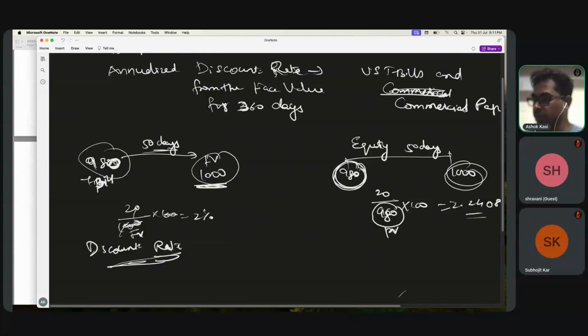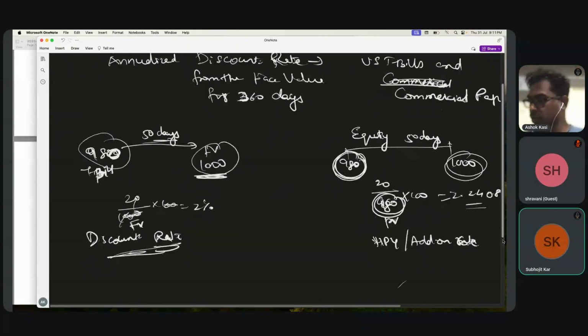If it is calculated based on the present value, it's a normal one: holding period yield, which is also called add-on rate. Add-on rate means profit is calculated based on the present value, 980. Discount rate means profit is calculated based on the face value, the future value. Is it okay? Yes.